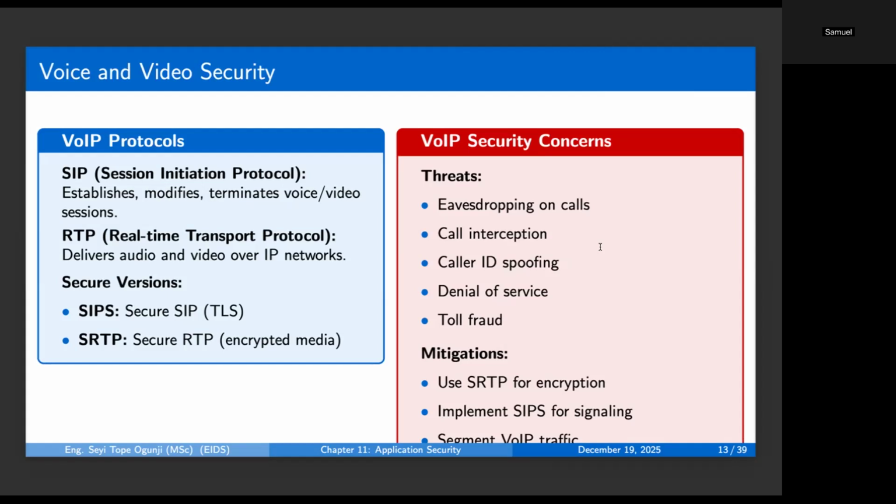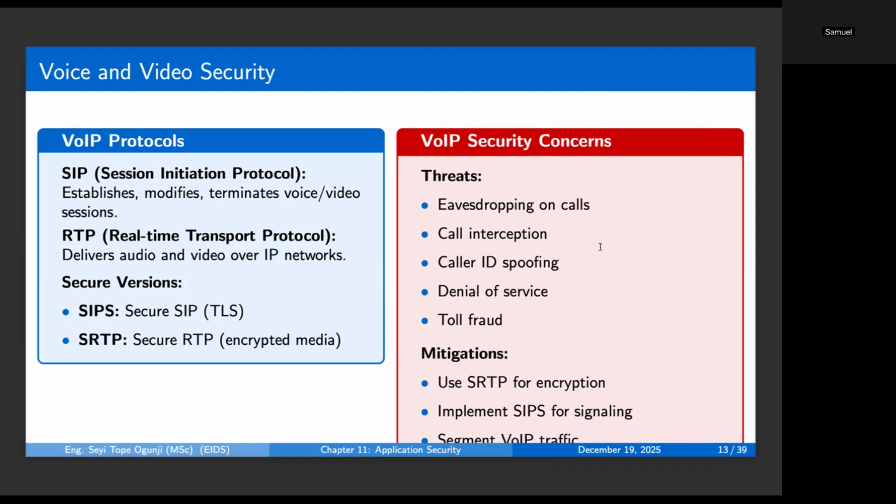So listening to calls, it could be wiretapping. You could tap the wire and divert communication to another room or another server or another network setup where you could actually hear clearly what the other parties are discussing. So we call that eavesdropping.